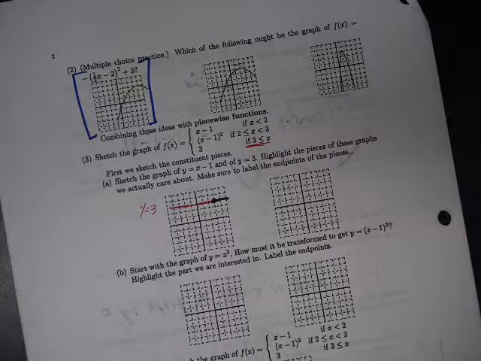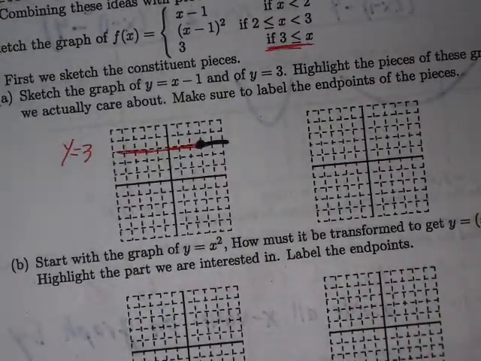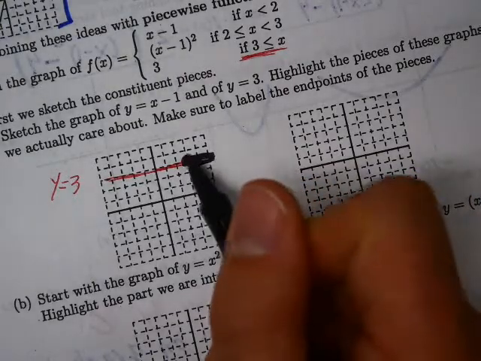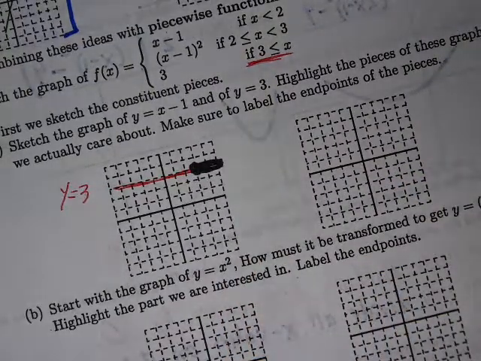Oh, well, that shading in black didn't really help much, did it? So I care about that piece of the function, including the endpoint. What's the second easiest graph? Y equals x minus 1. What does that graph look like?